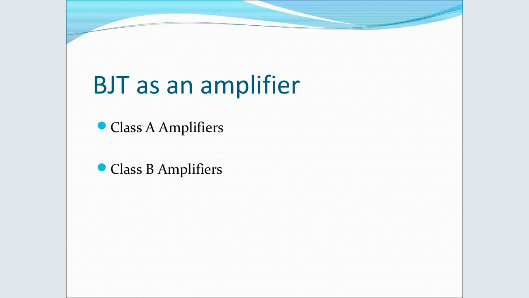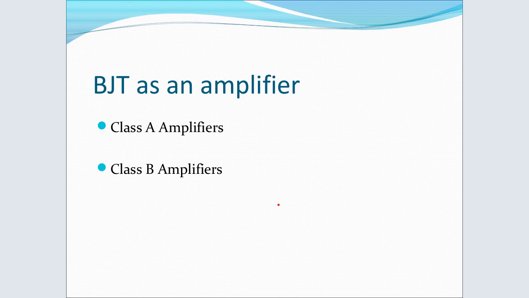Now, I mentioned before the two major applications of a transistor: it is either an amplifier or a switch. We know an amplifier should be operating at an active region, that Q point, the region between saturation and cutoff.